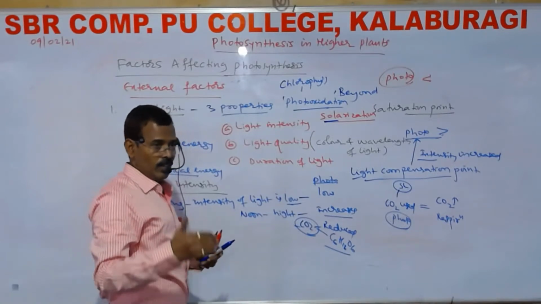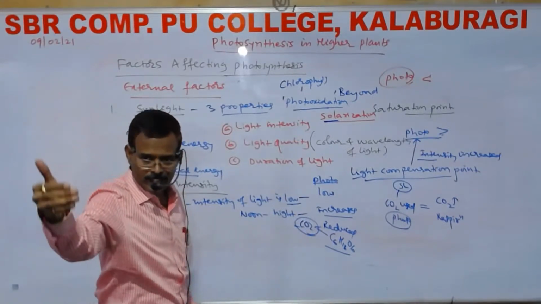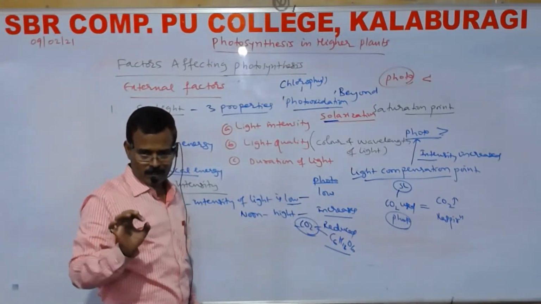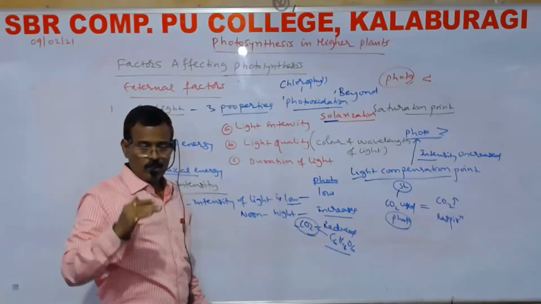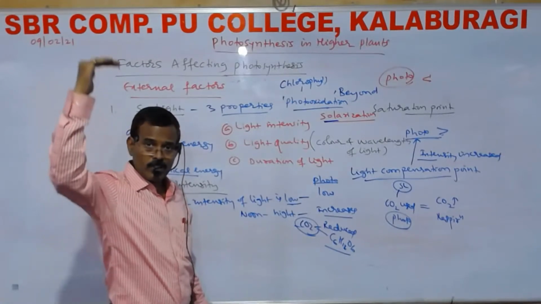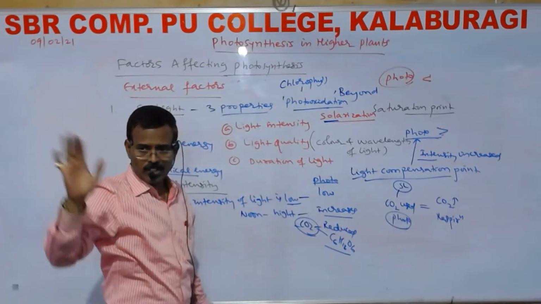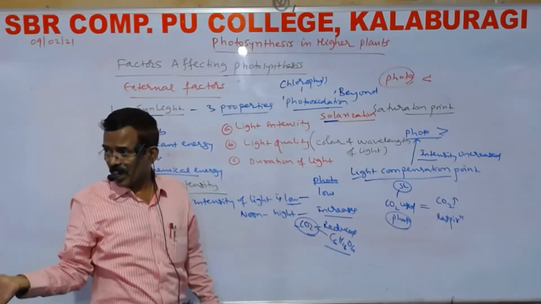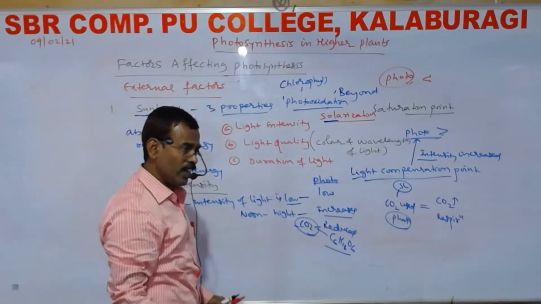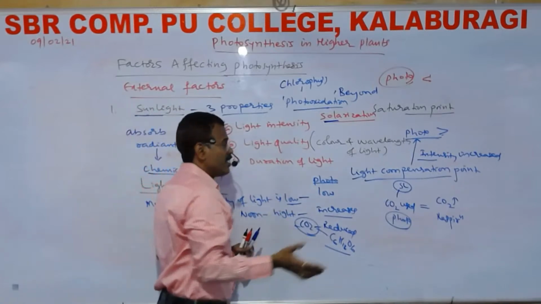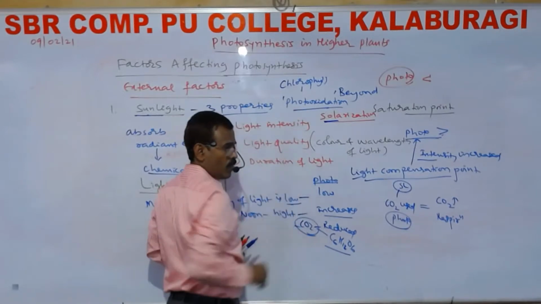So with the increase in intensity of light, the rate of photosynthesis increases, but only up to a limit, which is what we call the saturation point. From the compensation point to the saturation point, if you increase light intensity, photosynthesis definitely increases. Beyond the saturation point, if you increase the light intensity, photosynthesis will not increase but will decrease, because at high light intensity the chlorophyll molecule, the pigment in the chloroplast, can undergo photooxidation.